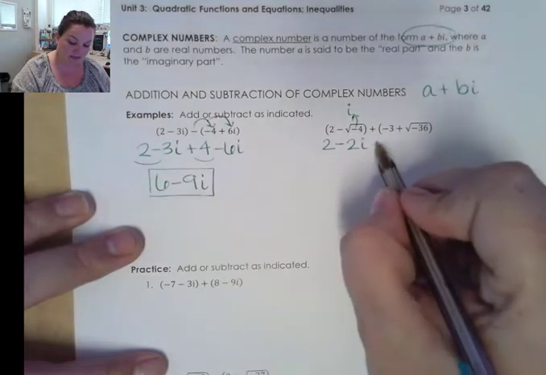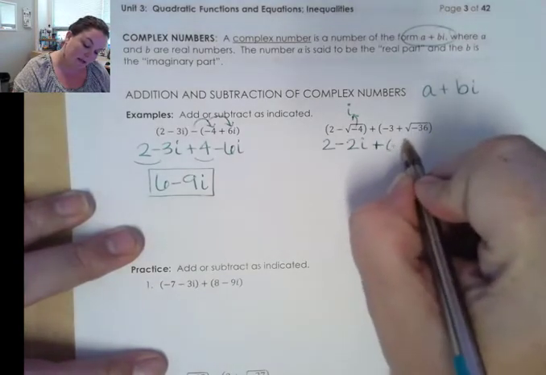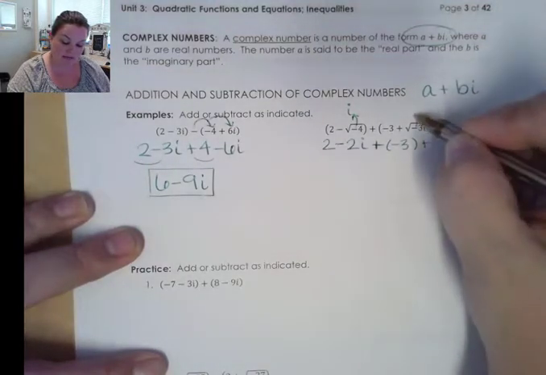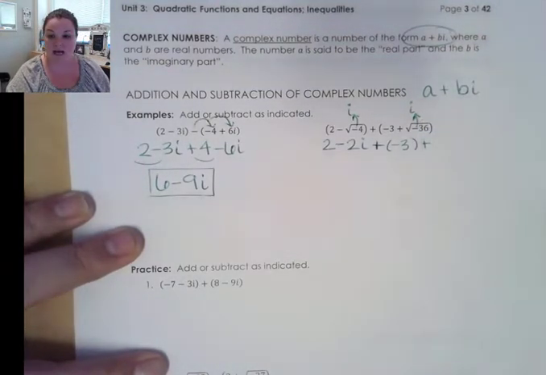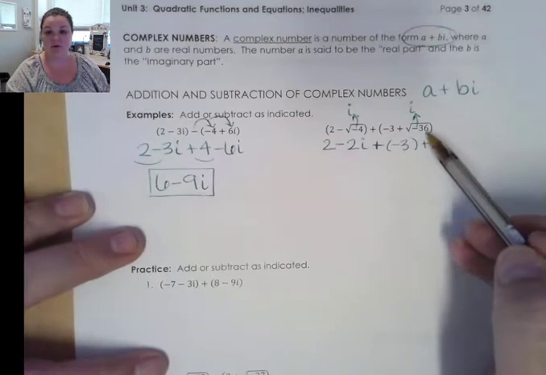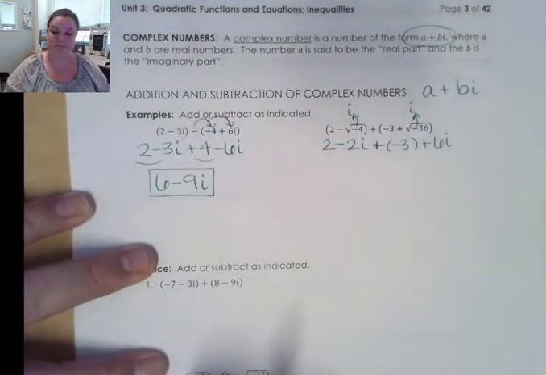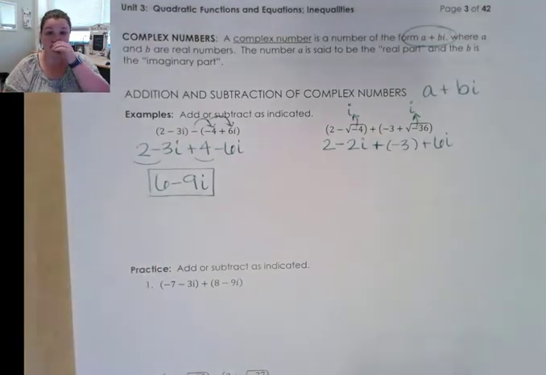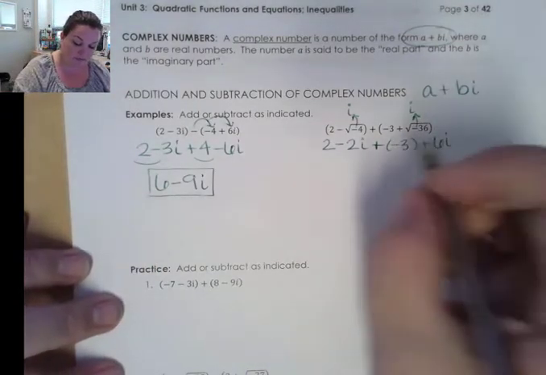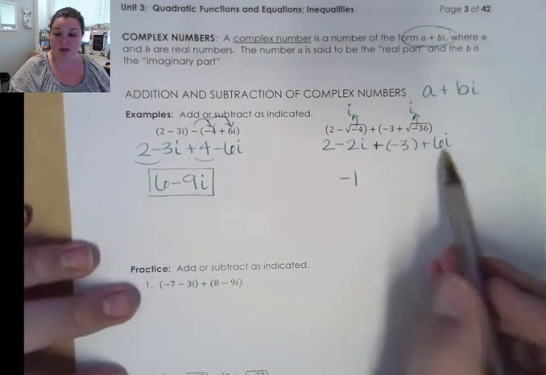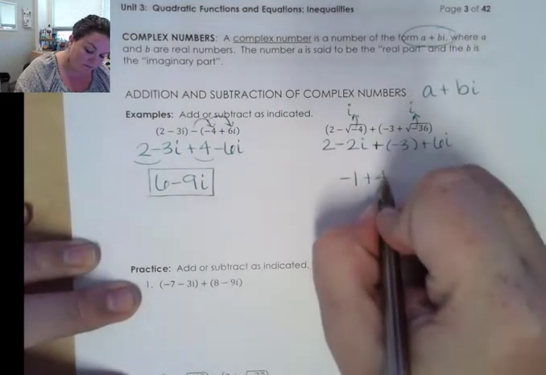Negative 3 stays the same, plus over here, the negative underneath the radical comes out as an i, and then I can simplify the square root of 36, which is just 6. So this becomes 6i. And now again, I just combine like terms. So 2 and negative 3 gives me negative 1, negative 2i and positive 6i leaves me with a positive 4i.